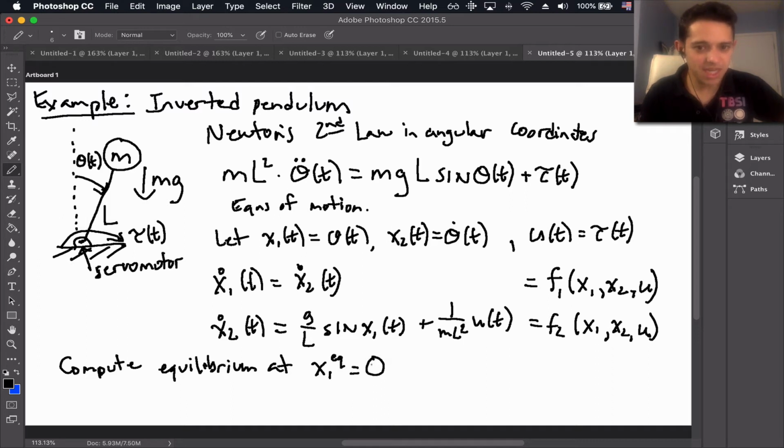Because we're keenly interested in keeping this offshore wind turbine upright, I would like to compute what the equilibrium values are when theta equals 0. And theta is just x1. So this is x1 EQ equals 0. Okay, now to do this, there's two parts. Well, we're just going to set the time derivatives to 0. Sorry, it looks like I have an error here. This should be x-dot.